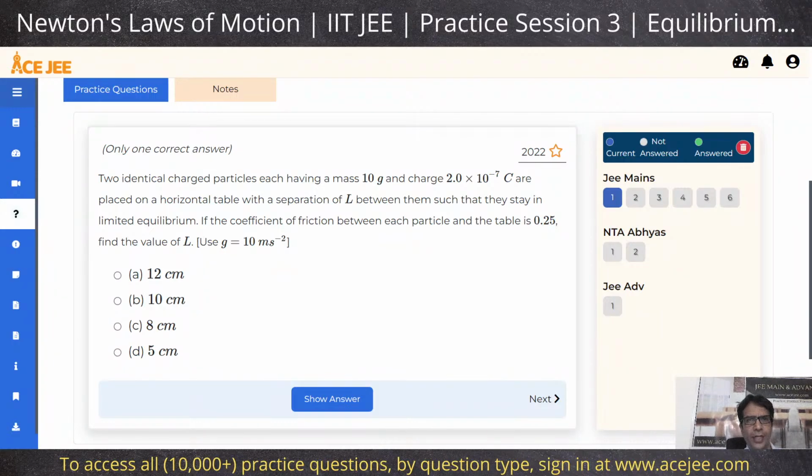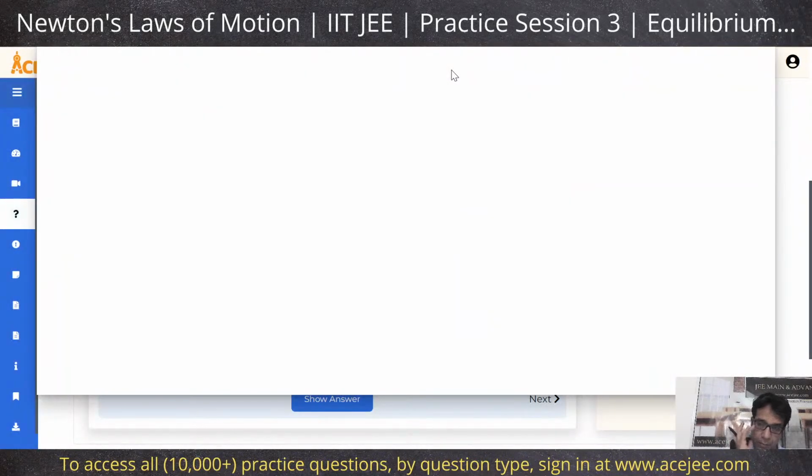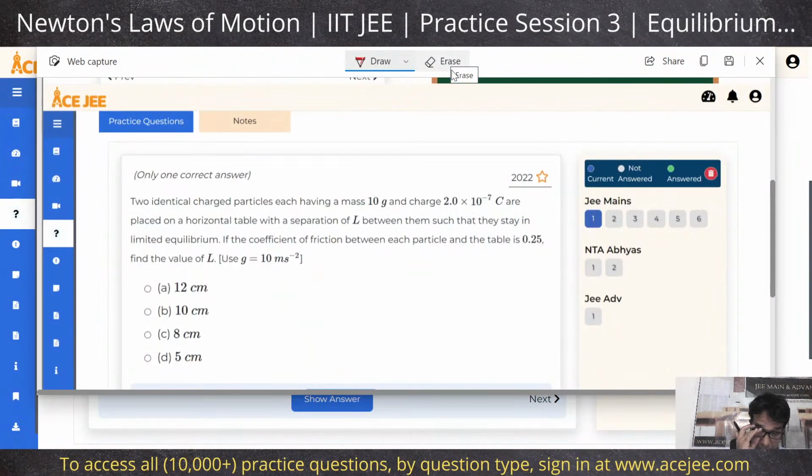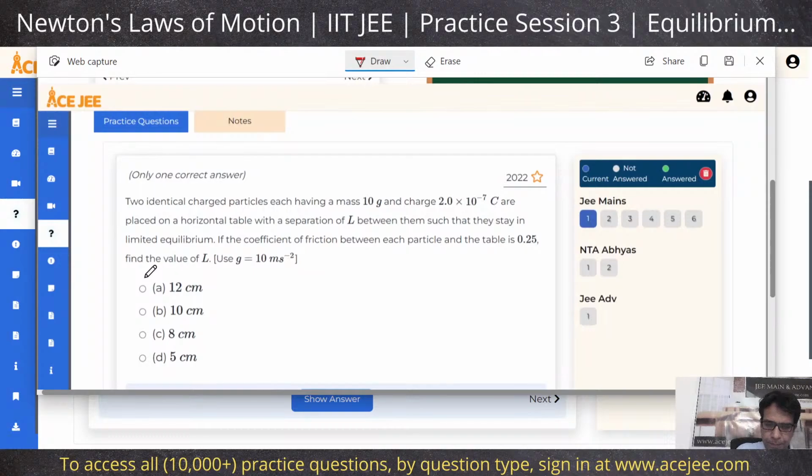That is 9 into 10 to the power 9 Newton meter square per Coulomb square. So 12 centimeter, okay?